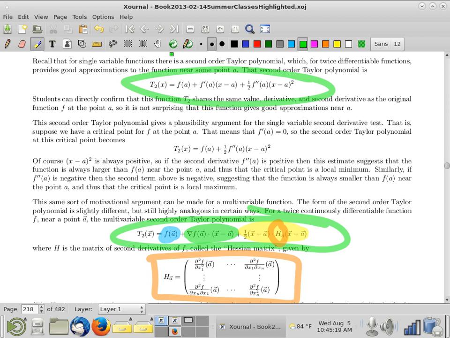So in the exact same way that this second order Taylor polynomial is defined by agreement of derivatives up to the second order, likewise this is just defined by agreement of derivatives up to the second order. And you are perfectly capable of taking the various partial derivatives of this function, and likewise of taking the second partials of this function. And what you're going to find is that this function agrees with f in all of those derivatives.